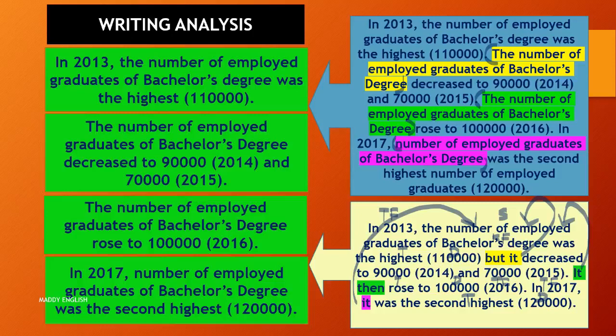So what I am doing here is I have reduced the number of times I repeat the number of employed graduates of bachelor's degree. Not only does it save some words, it will be more compact and you will be awarded marks accordingly.